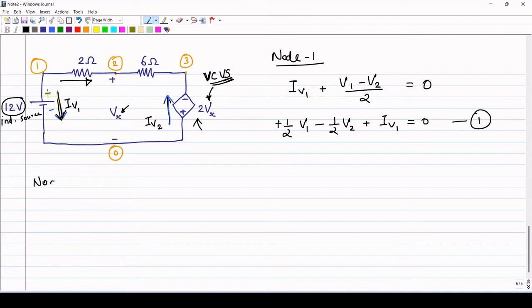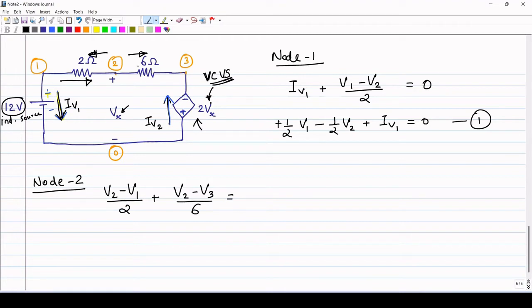Now let us write the KCL at node 2. At node 2, current flowing out from node 2 through this 2 ohm is (V2 minus V1) by 2. Current flowing through the 6 ohm in this direction is (V2 minus V3) by 6. Sum of the outgoing currents is equal to 0.